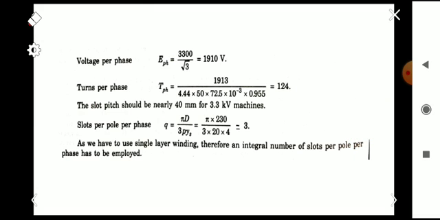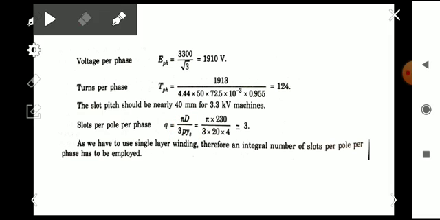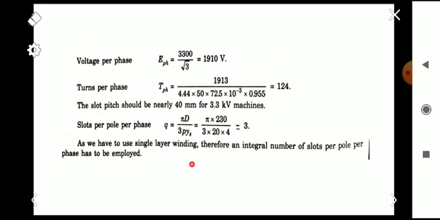Or we can use an equation like this, with small letter q, slots per pole per phase. The small letter q can be found using the equation pi d by 3 p YSS. Here the value of d we know, the number of poles p we know, and the stator slot pitch YSS is 40 mm.